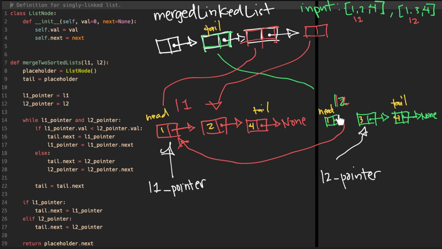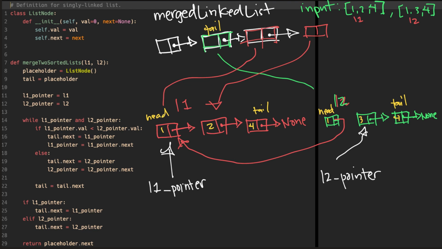But this actually doesn't matter because we're done with this node or this part of the linked list. The part of the linked list that we need to worry about now is this part. So this node is referencing this node, which has a next that points to this node, which means that this node's next is this node as well.